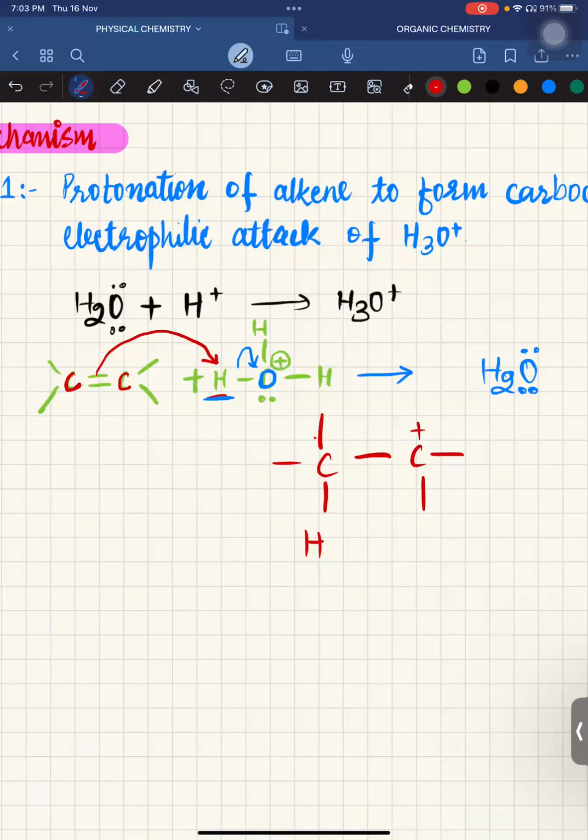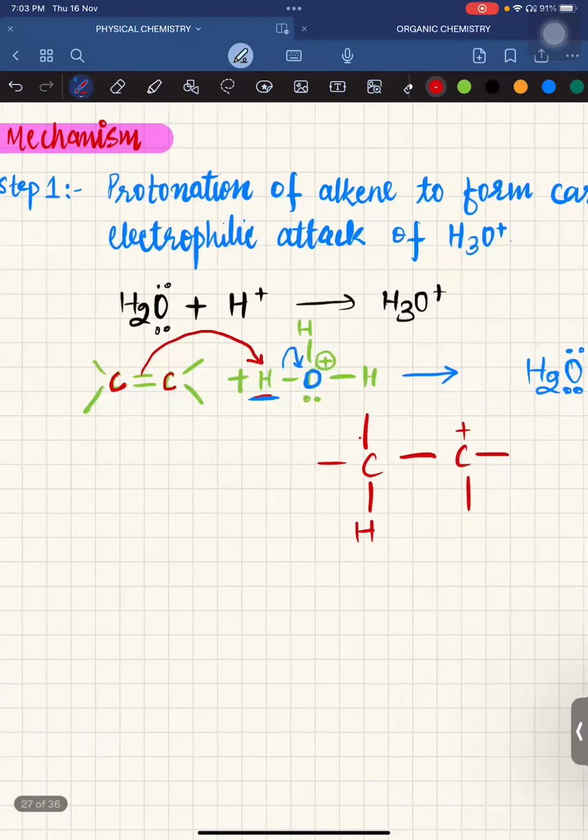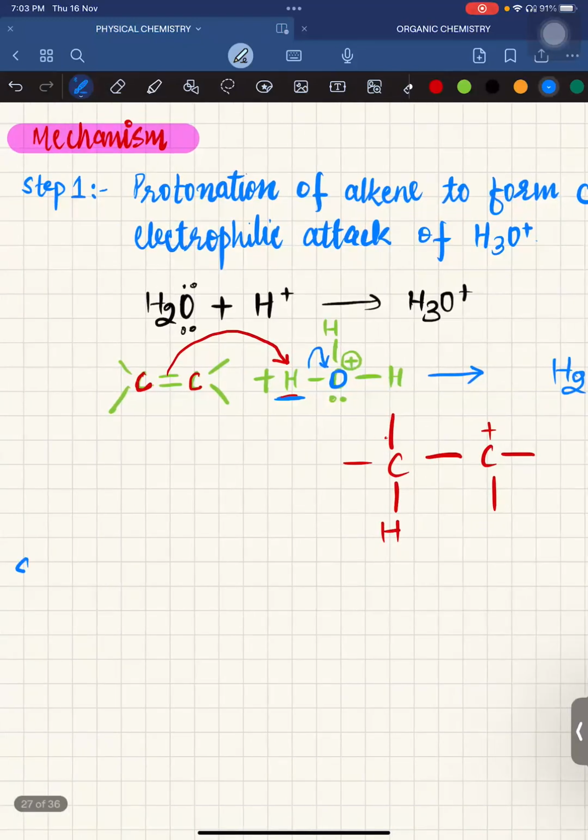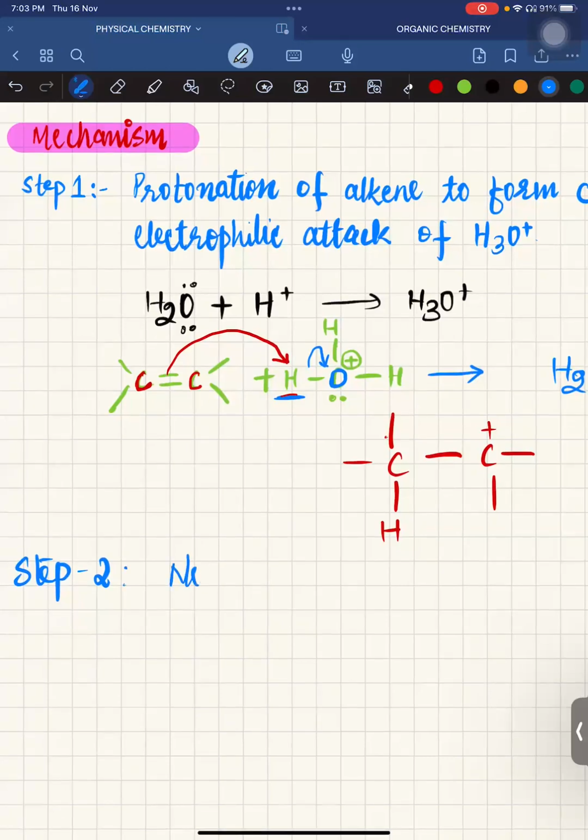Yes. Okay. So in the first step, we saw that formation of carbocation takes place. Now come to the next step, step 2. What happens in step 2? Nucleophilic attack of water on carbocation.